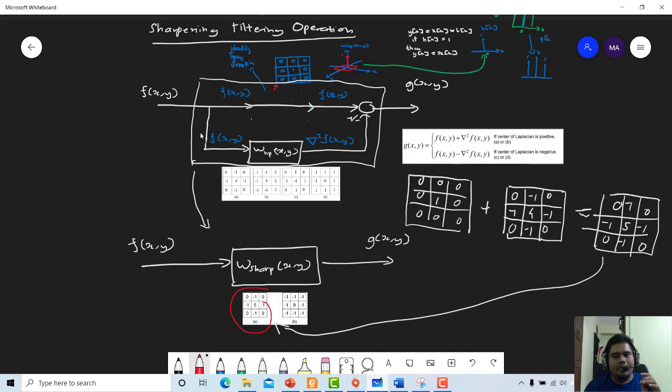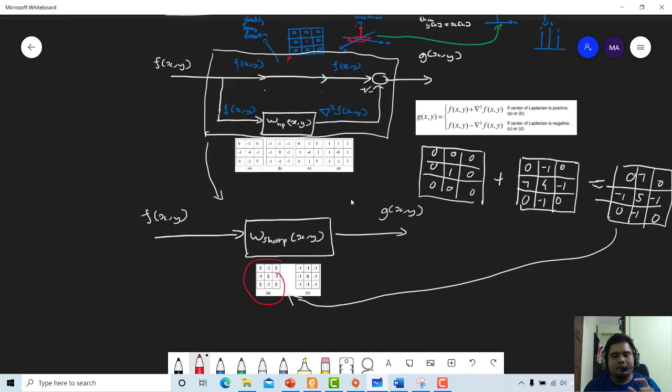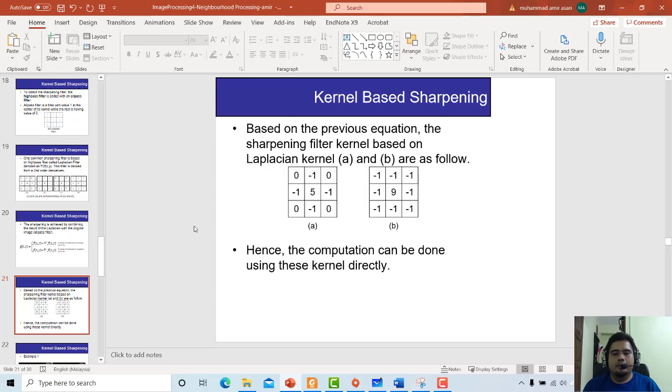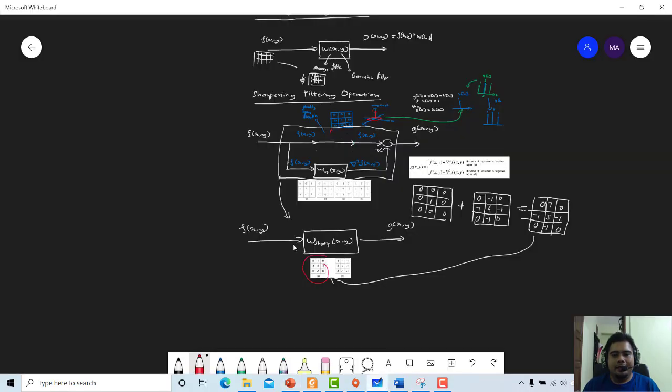Instead of finding the output after the high pass filter, then adding it to the output of the all pass filter to get g(x,y), you can simplify the operation by having one sharpening filter convolve with the input image, then you get the output image. But there is one thing I would like to remind you.